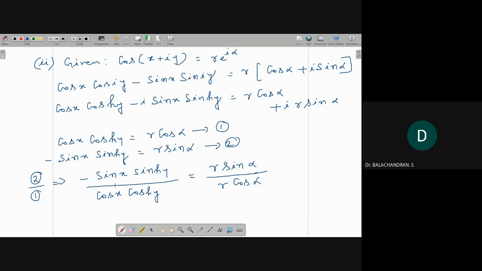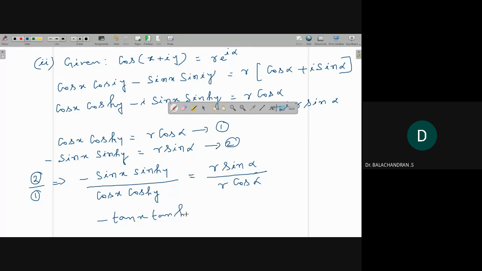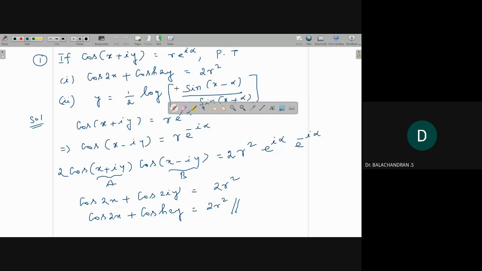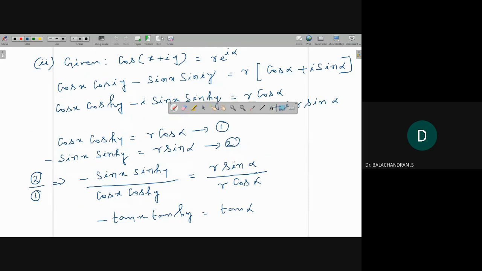Now the left hand side is minus tan x into tanh y. r gets cancelled, and sin by cos is tan alpha. We have y and here we have half log, so you need to keep tanh y on the left hand side. The remaining thing I will move to the right hand side. So tanh y equals minus tan alpha divided by tan x.